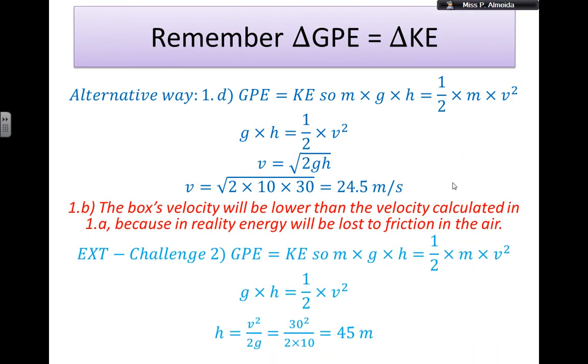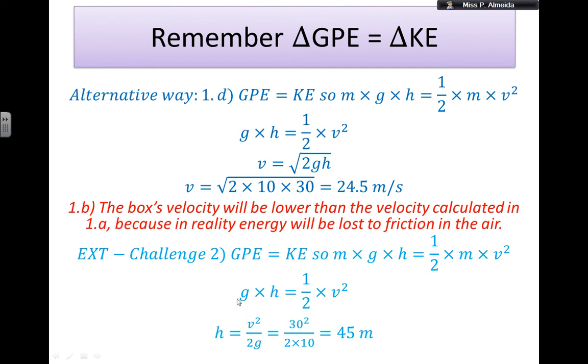So, gravitational potential energy is going to be equal to the kinetic energy in terms of changes. So, mass times gravity times height, which is the gravitational potential energy formula, equals the kinetic energy formula, 1/2 times the mass times velocity squared. My masses cancel each other out. I don't need a mass.